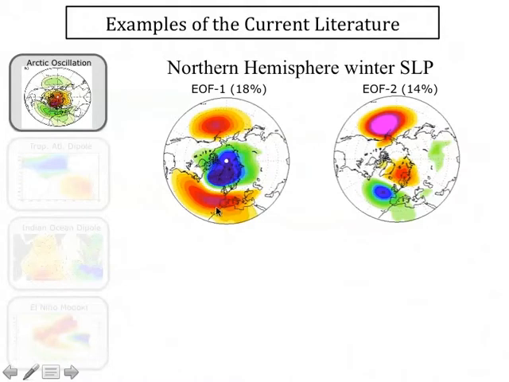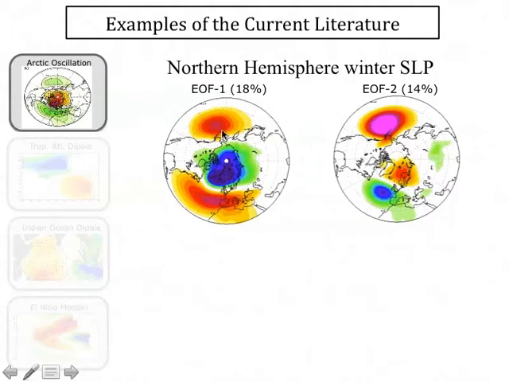Let's start with this annular mode, the Northern Hemispheric winter sea level pressure. Thompson and Wallace made this pattern very famous. And I think what most people read in this is that there's a connection between what's going on in the Atlantic and what's going on in the Pacific. This pattern is EOF number 1, it explains 80%.